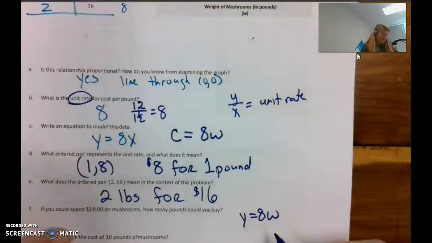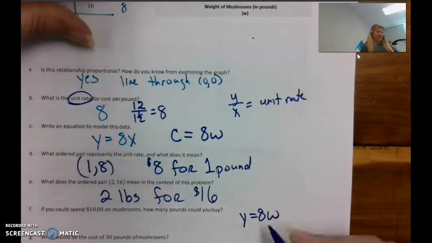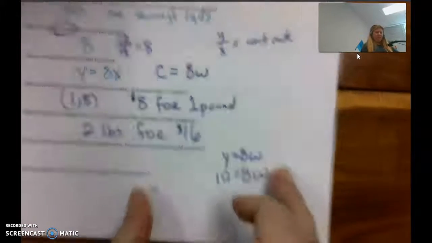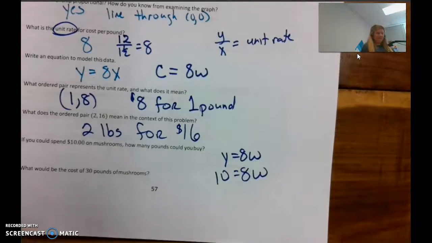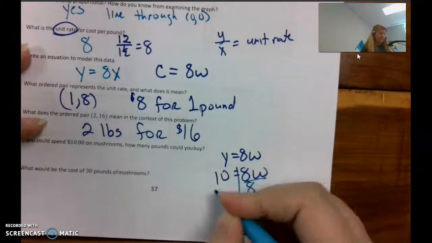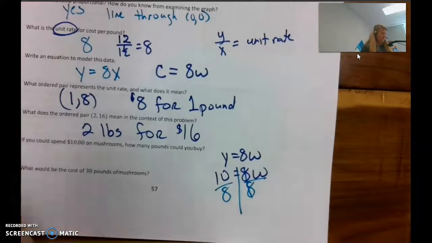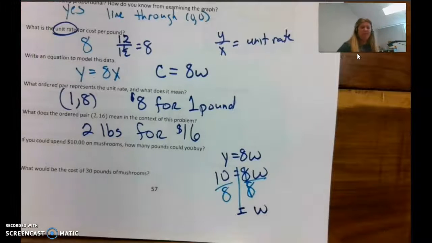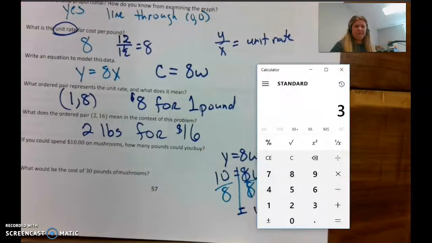Now the 10 is the dollars, and that's the y. So 10 equals 8w. I'm just using my equation to solve the problem. Divide each side by 8. So the weight would equal, I think the regular little calculator will be fine for this. I don't think that worked out. Let me clear it. I'm doing 10 divided by 8.